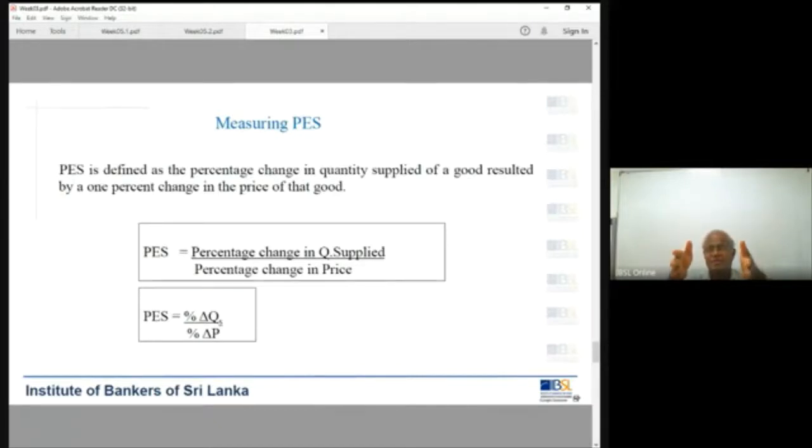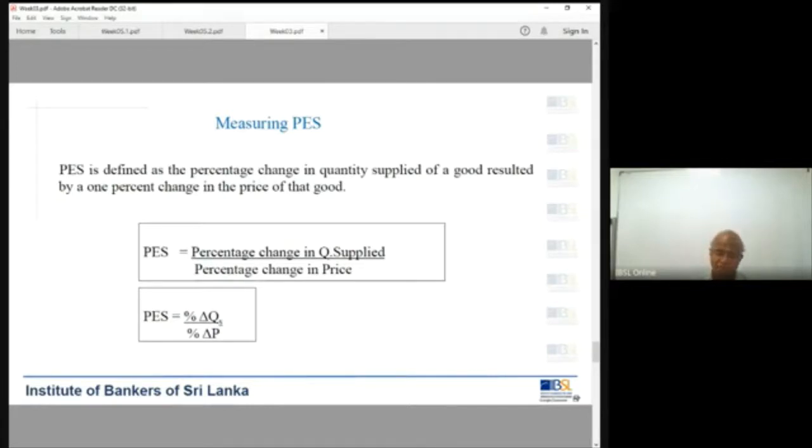If the denominator is negative, the numerator is negative. In the case of the price elasticity of demand, they change in opposite directions: price change positive, quantity change negative. But in this case, price change positive, quantity change positive. If price change is negative, quantity change is negative. Like that, the price elasticity of supply is always positive.